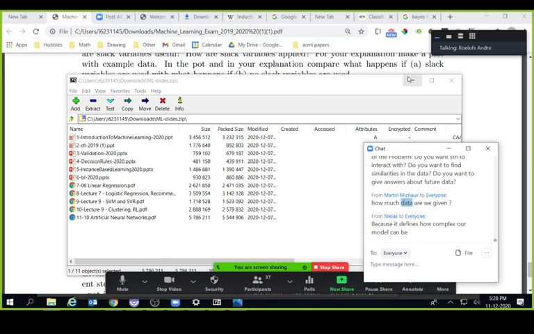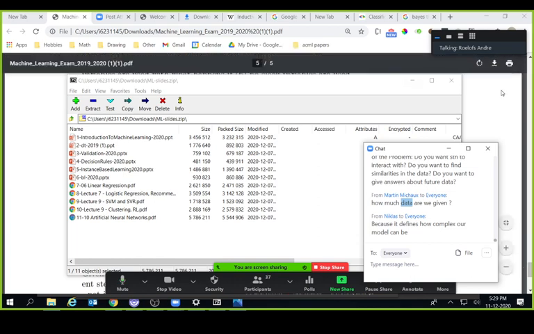It also defines how complex your model can be. If you have 1,000 pictures of cats and dogs, you probably should use a not deep learning approach. You might want to separate them based on maybe created features. If you have millions of pictures of cats and dogs, you might as well use artificial intelligence, inputting as much data as possible and then learning better representations.